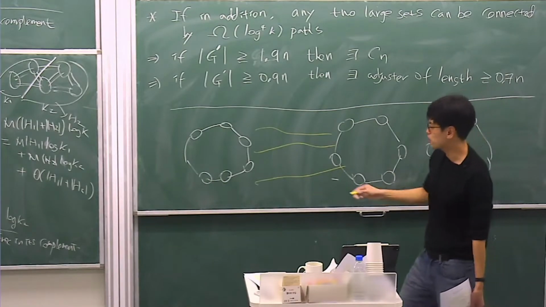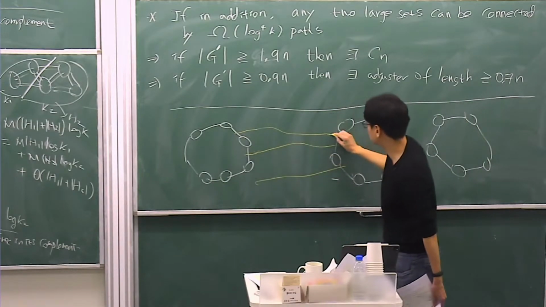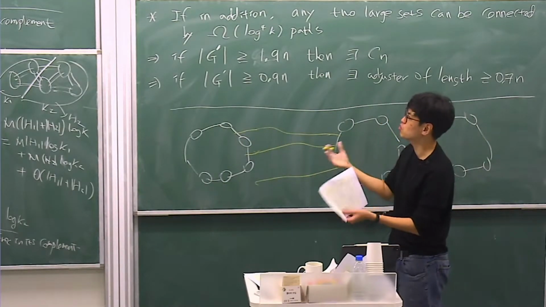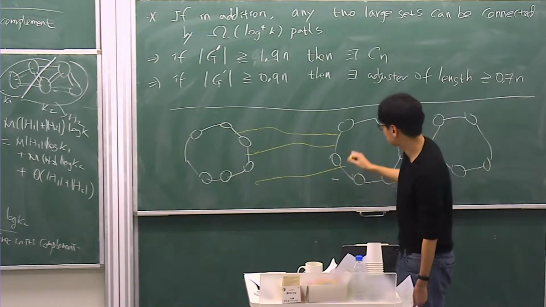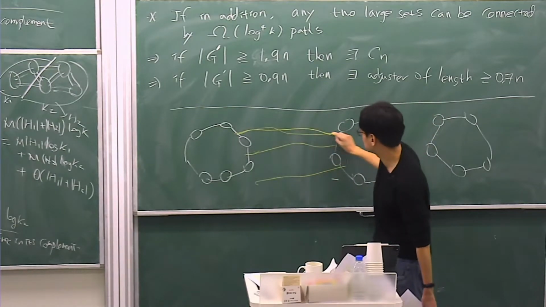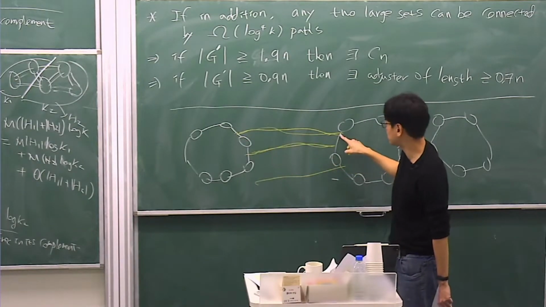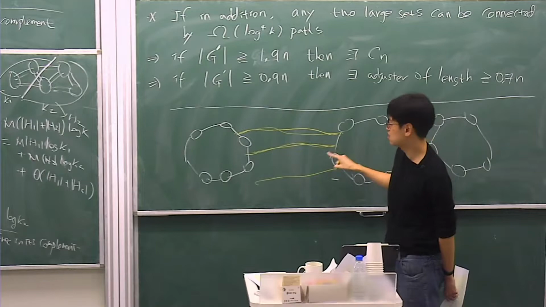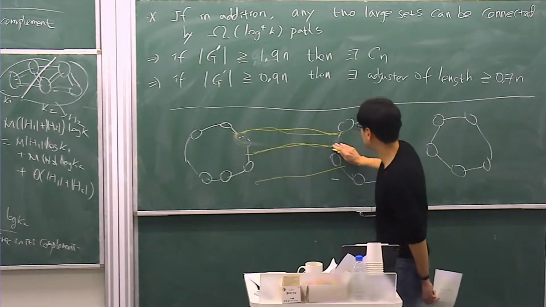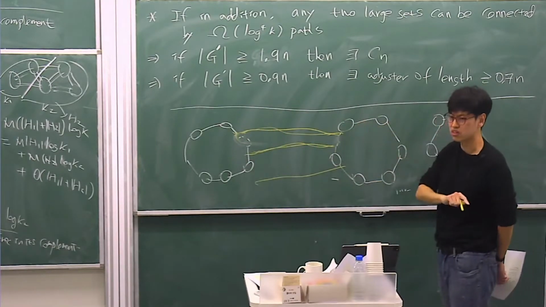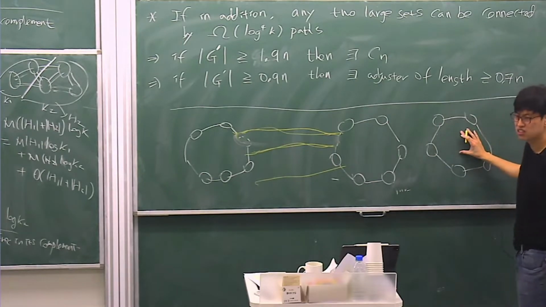Since there are many, by using some basic Ramsey, not pigeonhole, we can find two passes where the distance between this is not so far, and this is not so far. Then you can just merge this by deleting this, and you get a longer adjuster. And then you keep doing that.